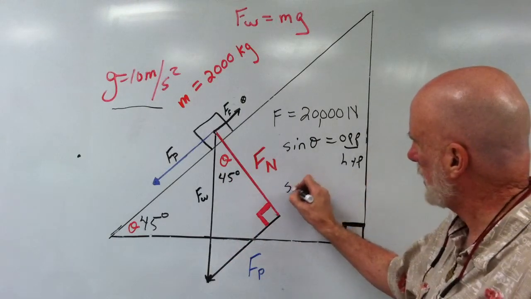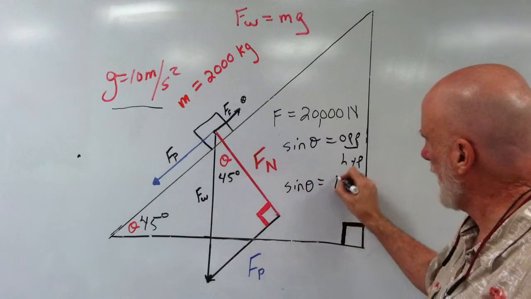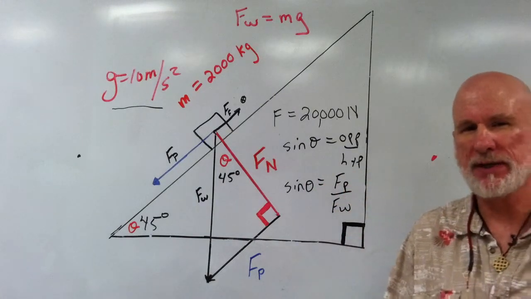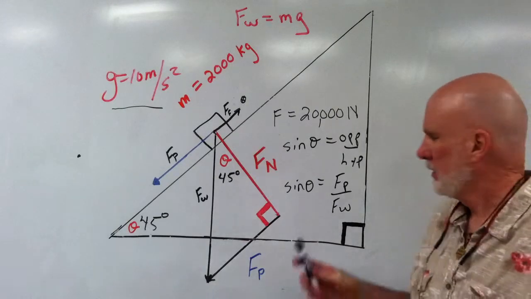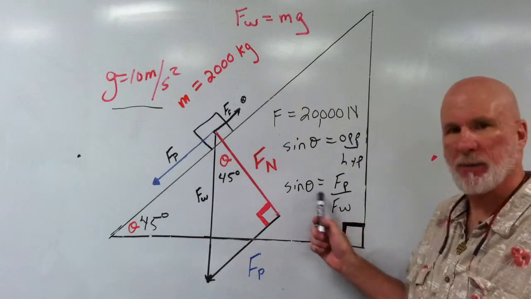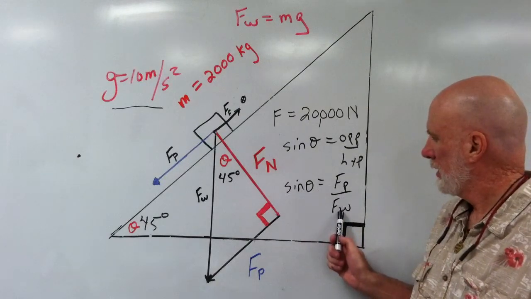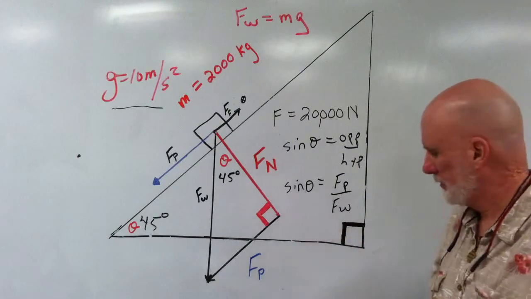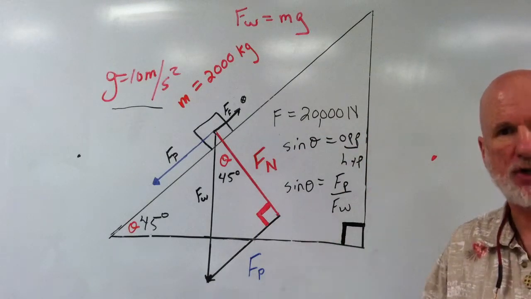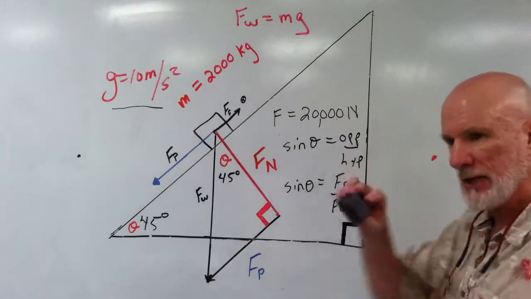So that would be sine theta equals Fp over Fw. Very simple. Fp equals, cross multiply, Fw sine theta. So let's erase this and put that equation in, and that's the functional equation that we're going to use. You guys with me?